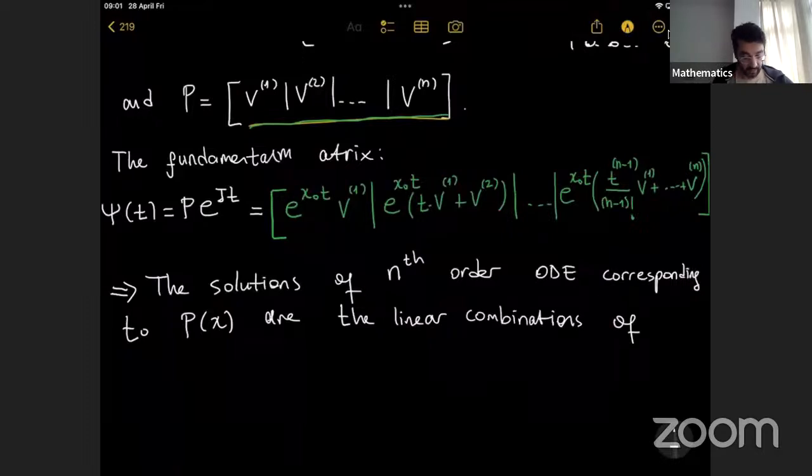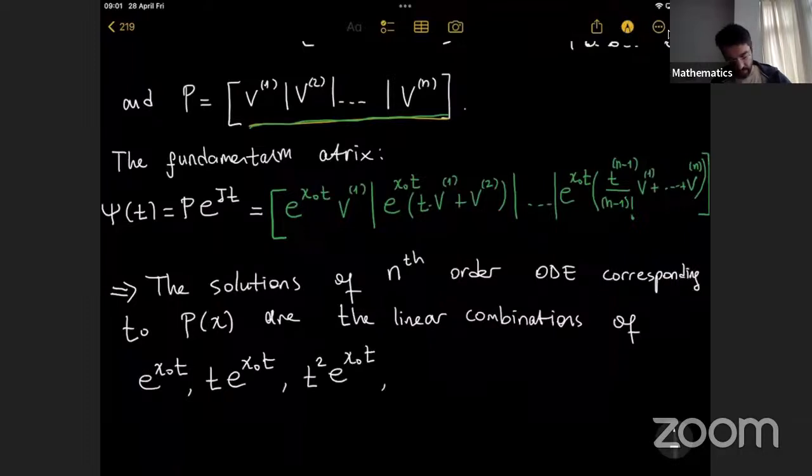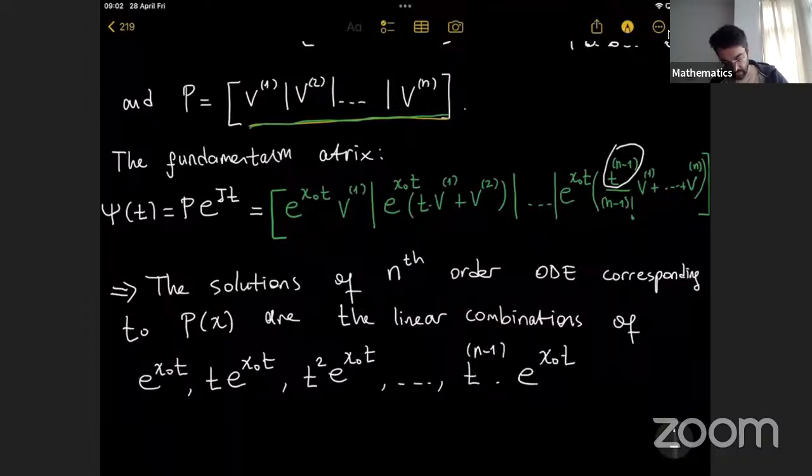So they are the linear combinations of such functions: e to the lambda 0 t, t times e to the lambda 0 t, t squared times e to the lambda 0 t, and you go up to the last one, t to the n minus 1 times e to the lambda 0 t, okay?